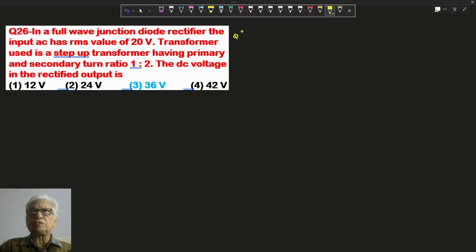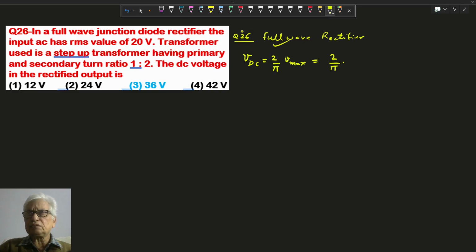In question 26, for a full wave rectifier, the DC voltage output is 2 upon pi into the maximum voltage. So 2 upon pi into 20, where the RMS value involves root 2, and the transformation ratio is 1:2.